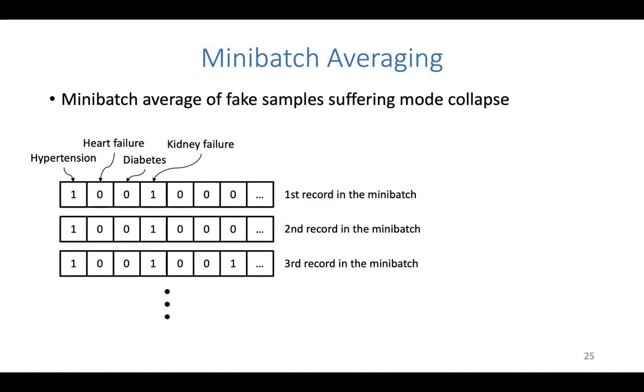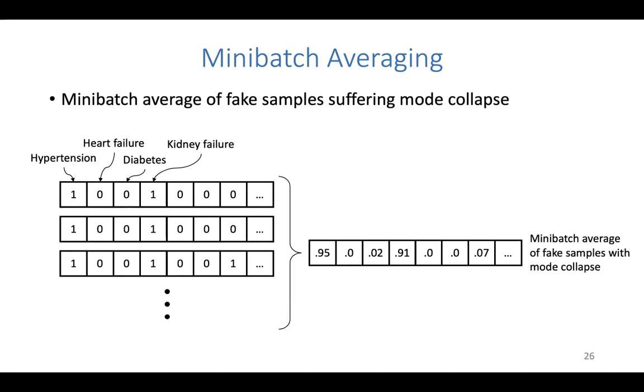So it's just the generator generating the same sample all over again with very small noise added occasionally. So this is a hypothetical mini batch filled with samples generated from a generator that has fallen into a mode collapse.